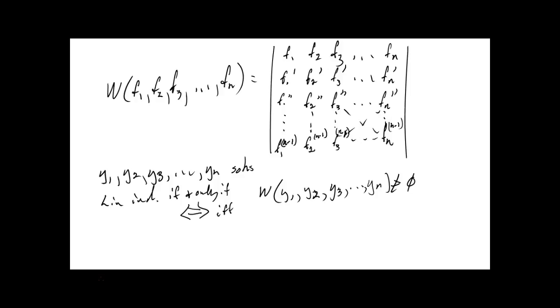Now it follows from that theorem that when y1, y2, y3 up to yn are n solutions of some differential equation, and the standard one they're using is back at the very beginning of the homogeneous section, on page 119, that set of linear nth order differential equation, that either the Wronskian is identically 0 or is never 0 on the interval.